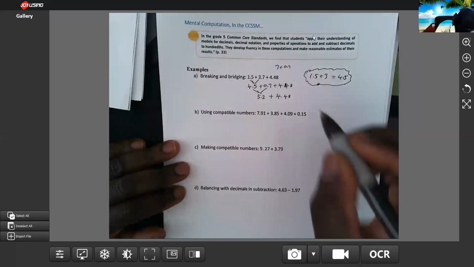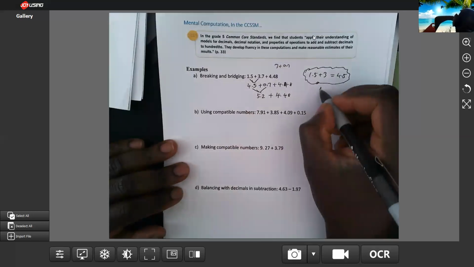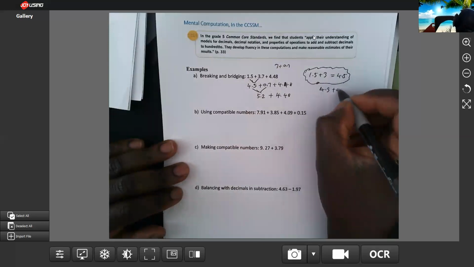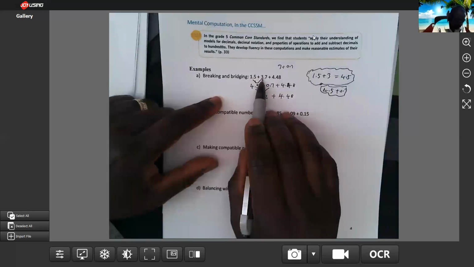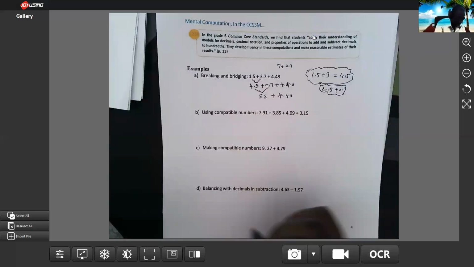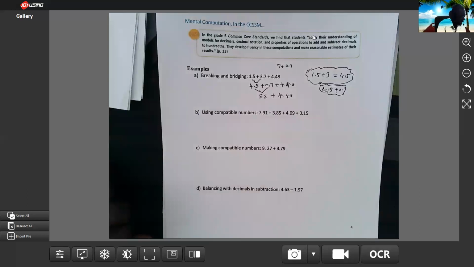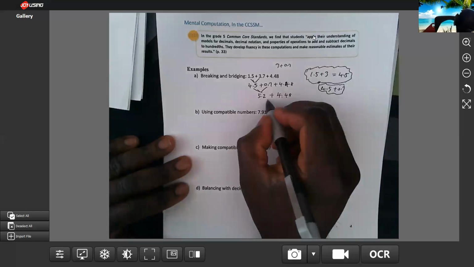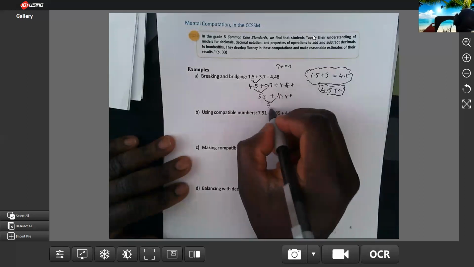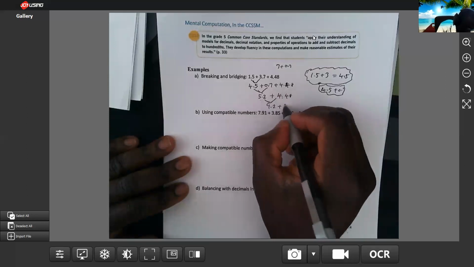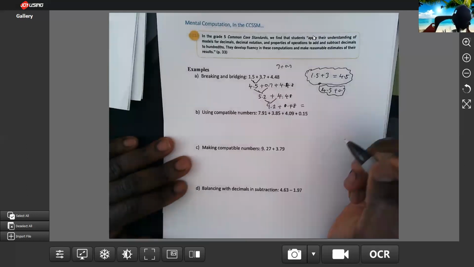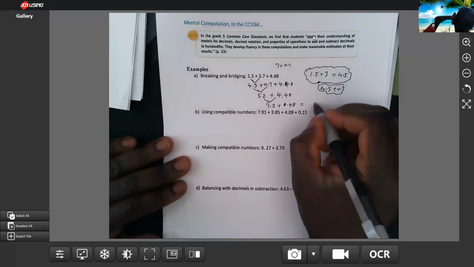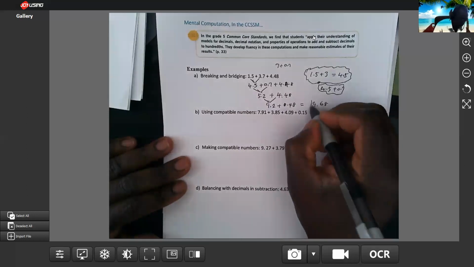Again, you are thinking 4.5 plus 0.7. You are breaking and bridging. So you break up the 3.7, and then you bridge it together to the results. Then if you repeat that same, the whole number part plus this will be 9.2 plus 0.48. And then finally, you are going to have 9.68 as your final answer.